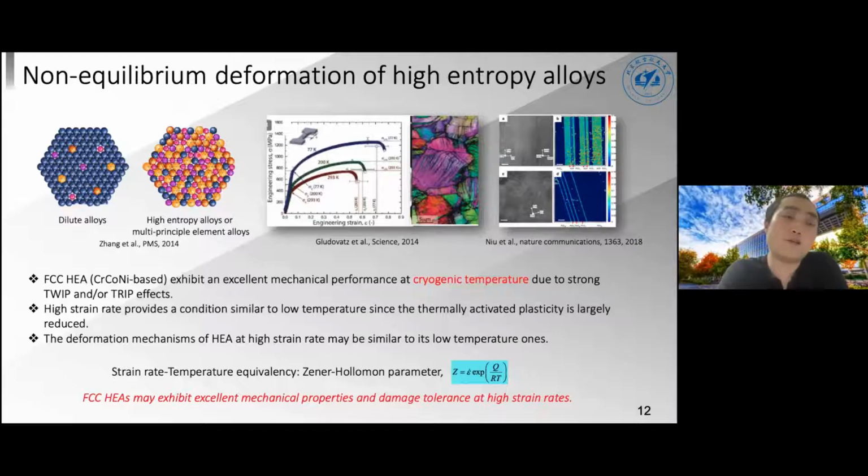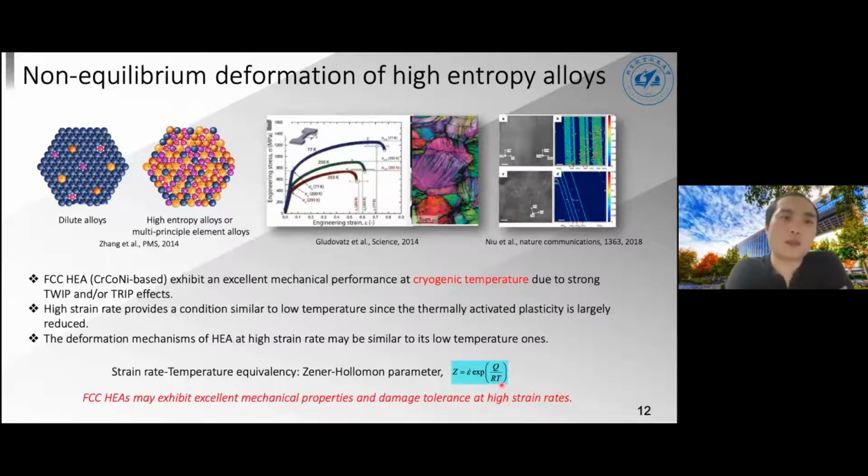This is good news for us who study high strain rate phenomena, because in the metal forming community, if you look at the so-called Zener-Hollomon parameter Z, high strain rate, which is in the pre-exponential factor, and temperature, which is in the denominator within the exponent, high strain rate and low temperature have a similar effect. So if a material has excellent cryogenic mechanical properties, oftentimes it is very good at high strain rate. This is our motivation.